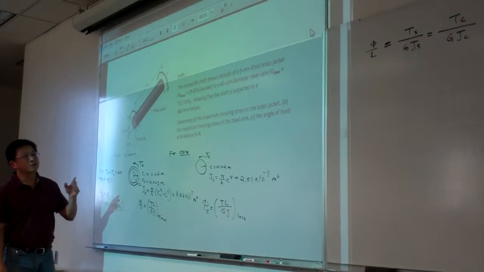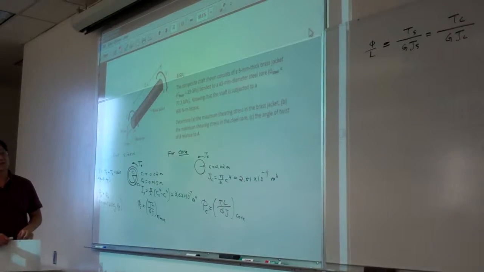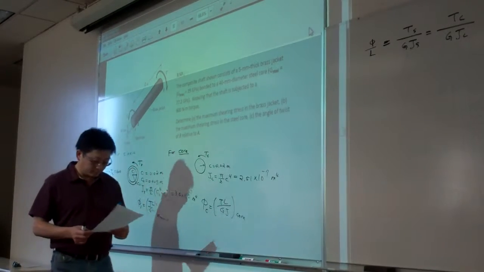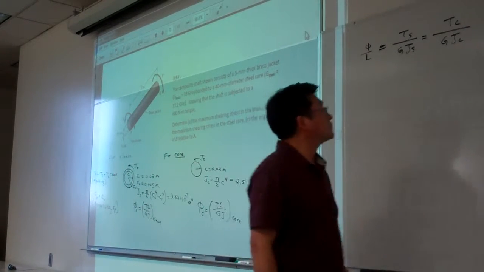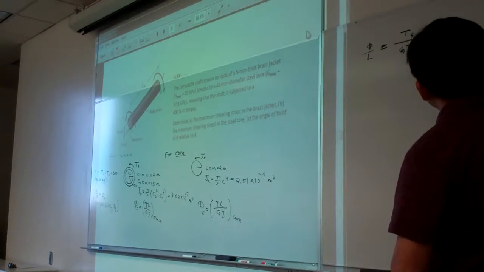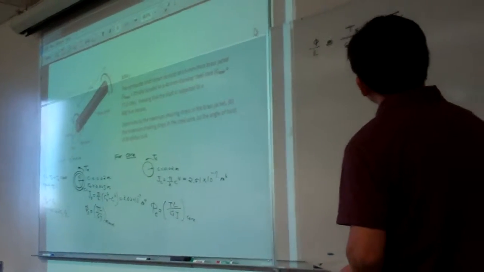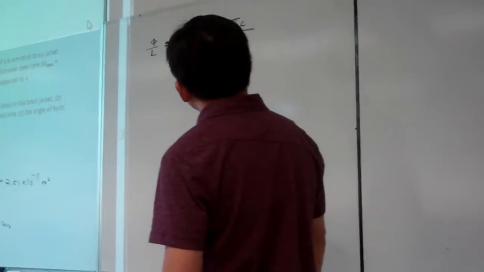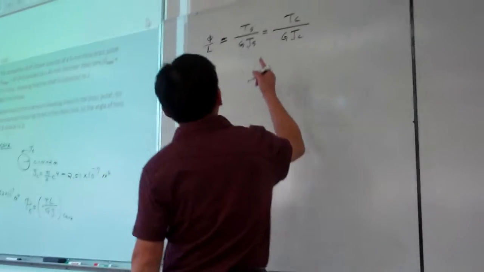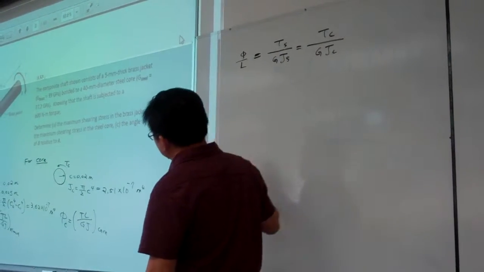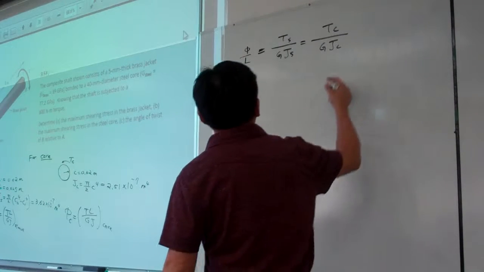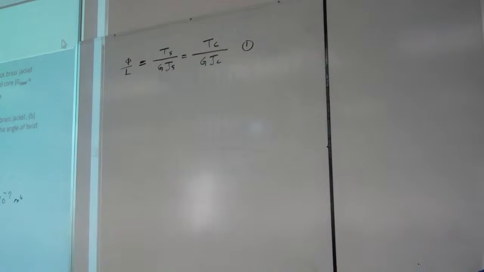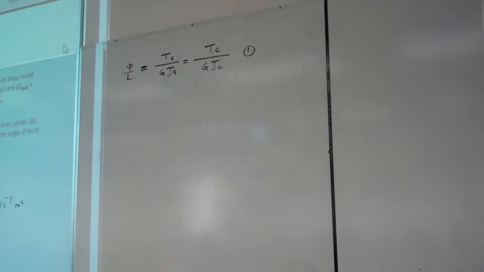So basically here, as long as we can solve for TS, TC, those questions should be solved right away. Before we start, you can see right now we have these equations, 1 and 2.